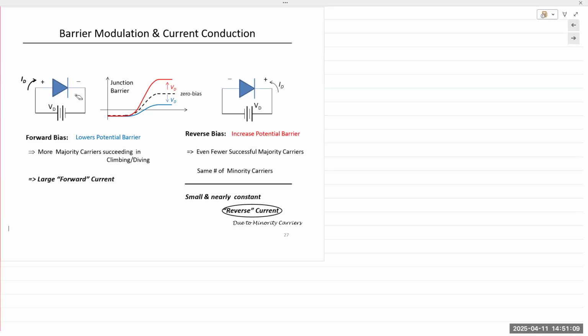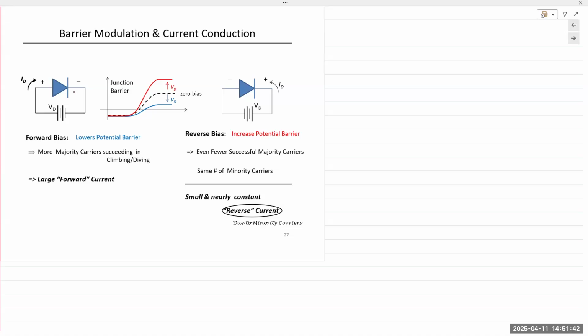If we remove it, then it goes back to its original state, meaning no bias, we just leave it on the desk or on the shelf. The junction barrier just exists as it is. You're not applying any voltage. It's sitting in a box on my table in the lab. There's a junction barrier of 0.7 volts, because if you touch it, nothing is going to happen. It's electrically neutral.